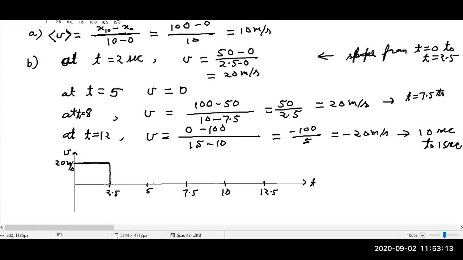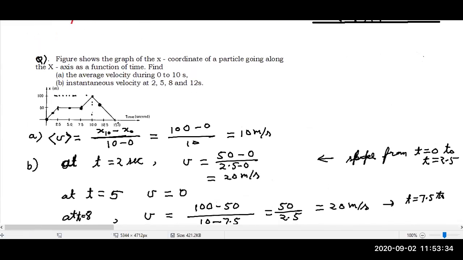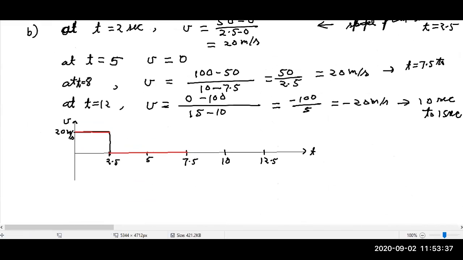And then 0 from 2.5 to 7.5. So graph will be like this. Then from here to here, graph will be like this, 0. And then 7.5 to 10, again positive. This line need not be drawn. So it is again positive.